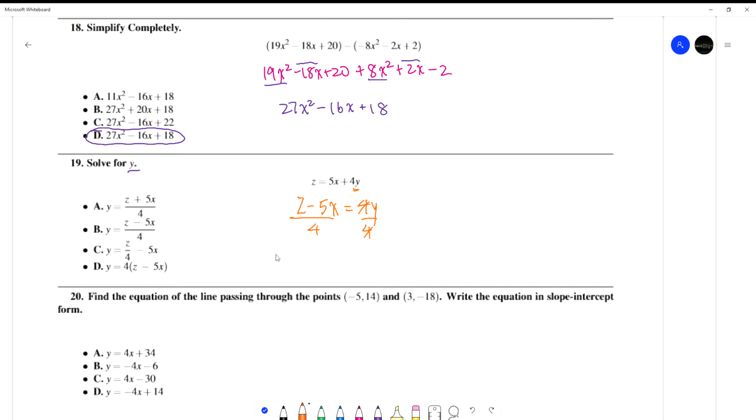So we have y is equal to z minus 5x over 4, right? An alternative way to write this, in case they have this as one of the answer choices, is z over 4 minus 5 over 4x, like that. Now I see that the first way is written in answer choice B.